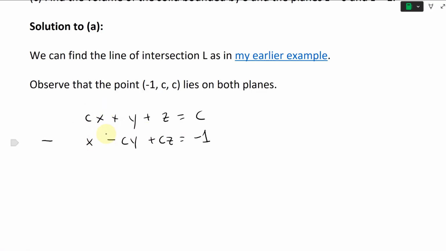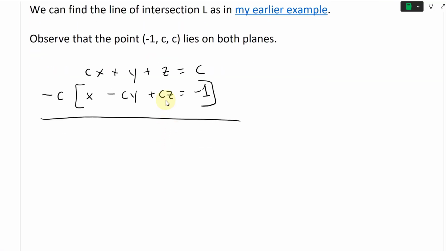But first, I'm going to multiply the entire second equation by C, and then subtract it from the first. So we just do some equation algebra. Cx minus Cx cancels to 0.